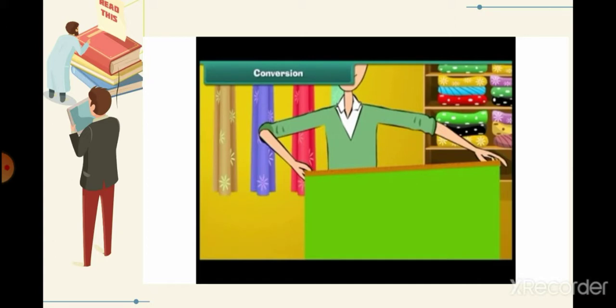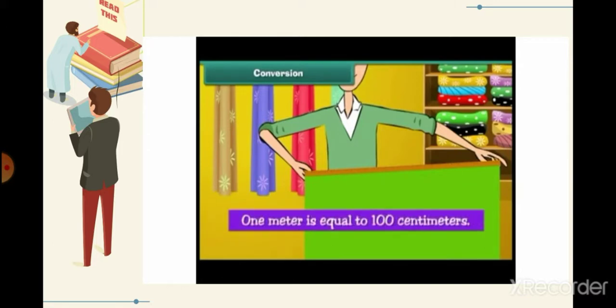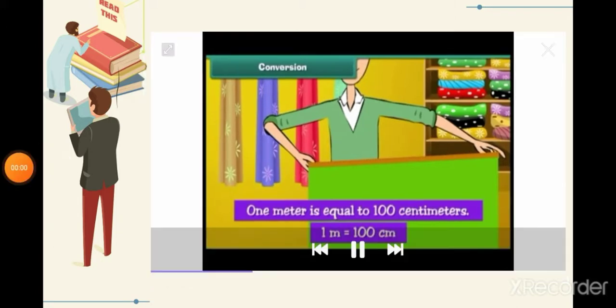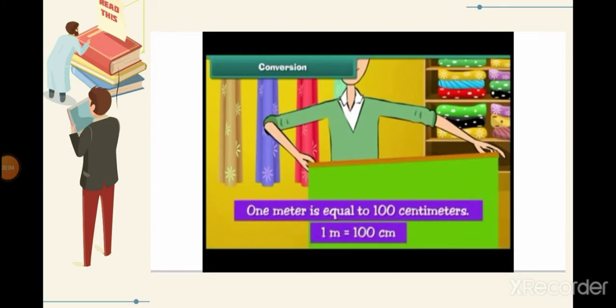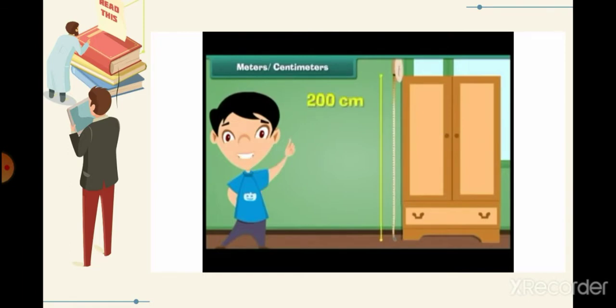1 meter is equal to 100 centimeters. So 1 m equals 100 cm. We can measure the height of a cupboard by using a measuring tape. So the height of the cupboard is 200 centimeters.